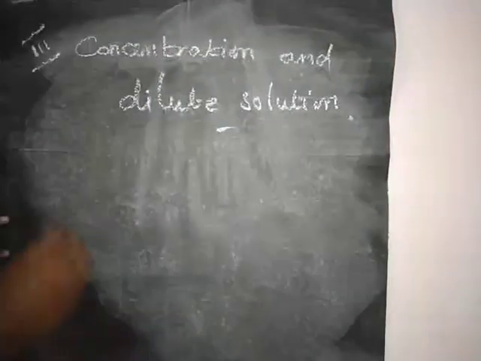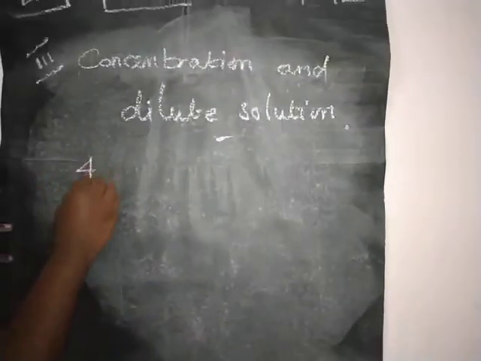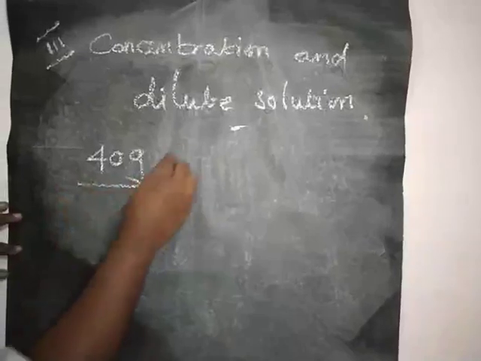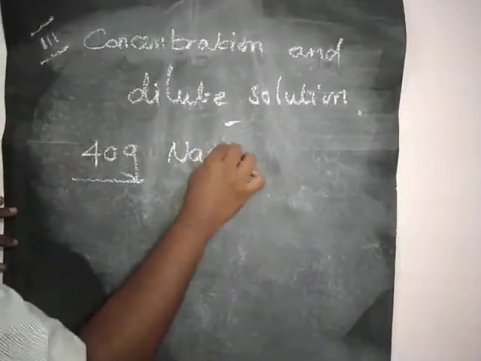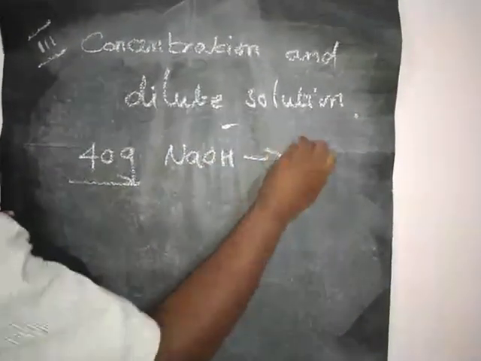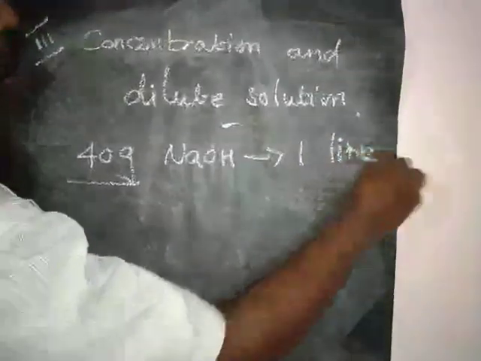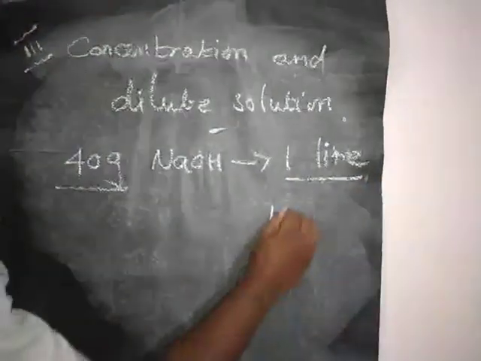For example, 40 gram of sodium hydroxide dissolved in 1 liter makes a one normal solution.